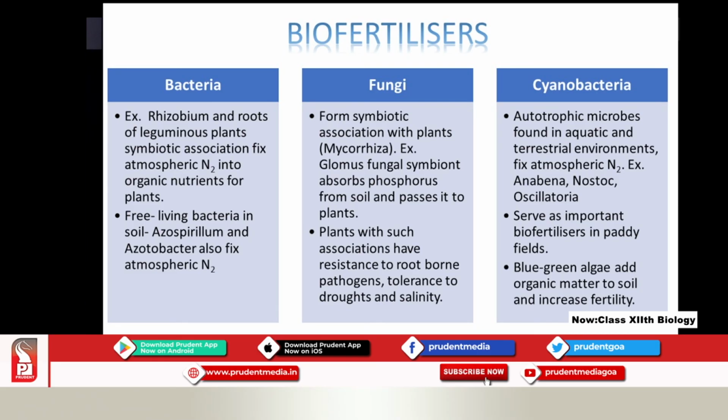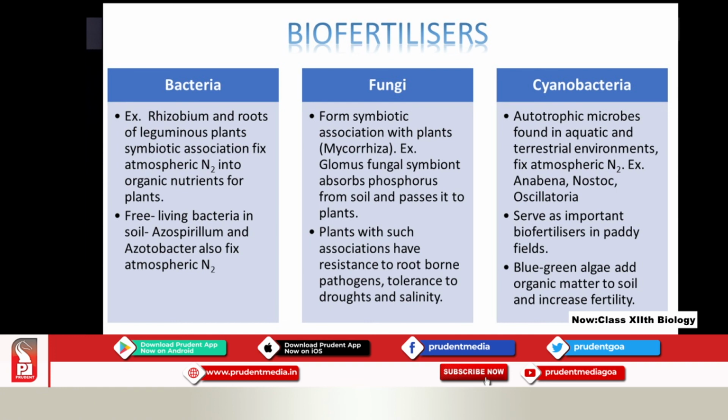The second one is fungi. This is also studied in the 11th standard. Fungi in association with plants form a mycorrhiza. The example is Glomus, a fungal symbiont. What does it do? It absorbs phosphorus from the soil and passes it to the plants. This has also been asked in the Goa CET examination.